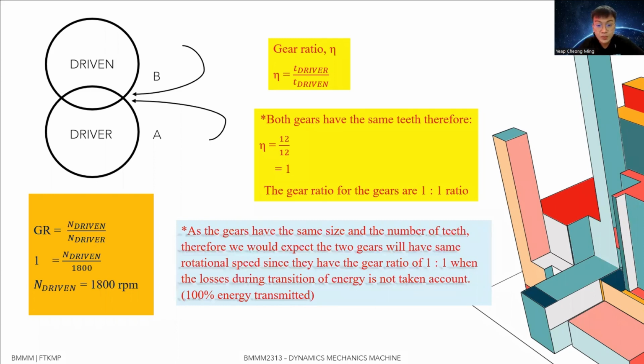As the gears have the same size and number of teeth, we would expect the two gears to have the same rotational speed, since they have a gear ratio of 1 to 1. This is only valid when the losses during transmission of energy are not taken into account, which means that we ignore the friction during operation.